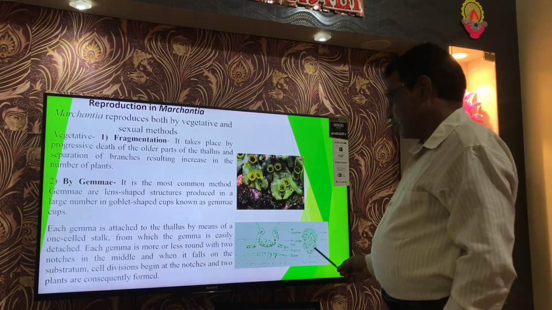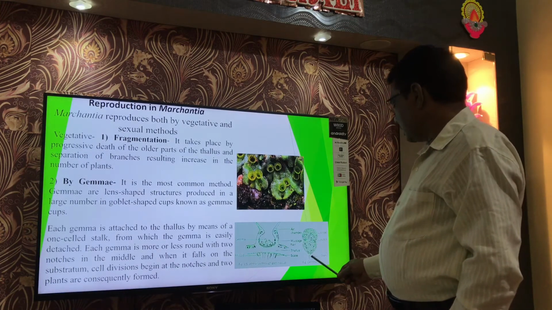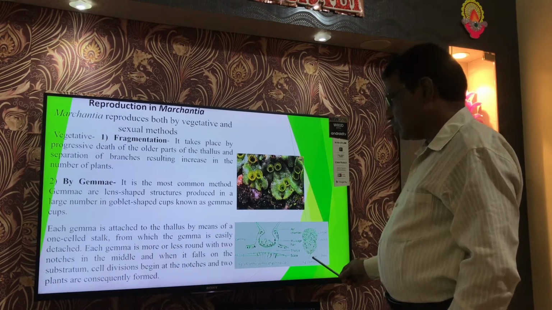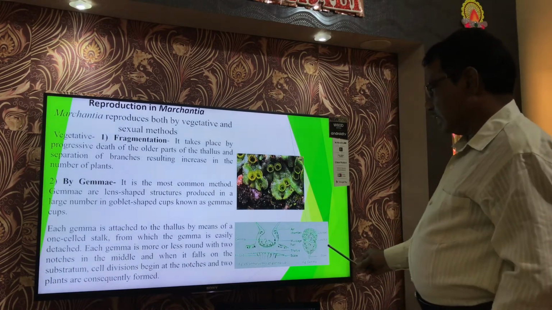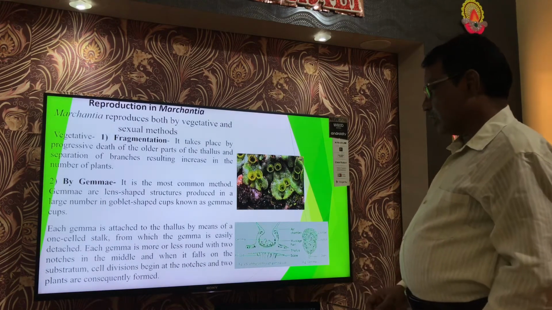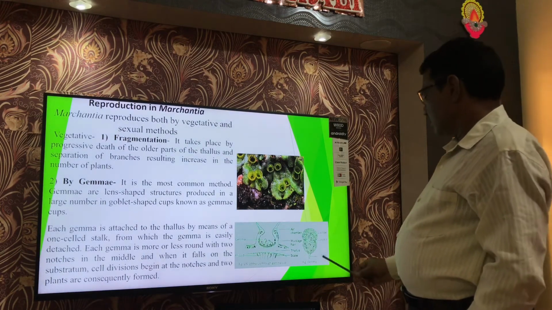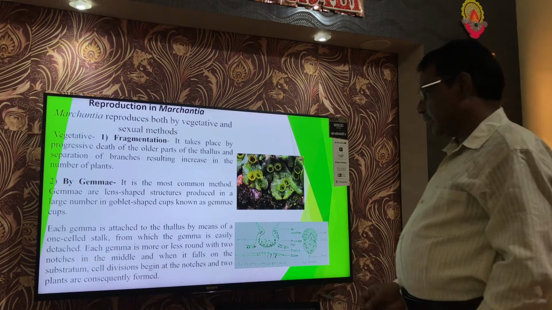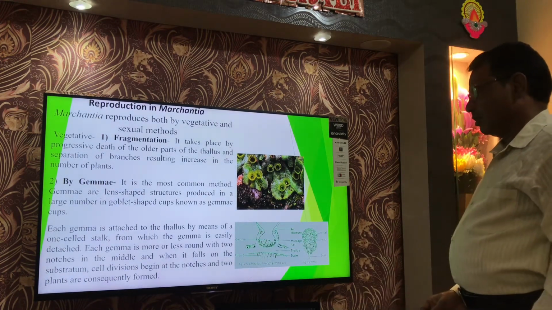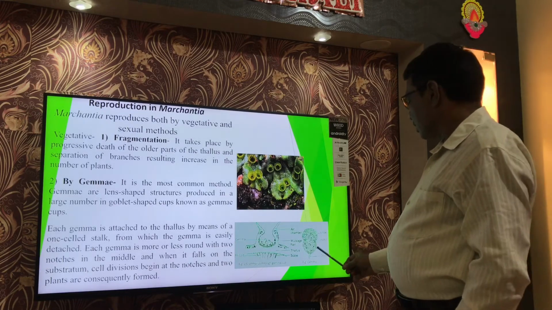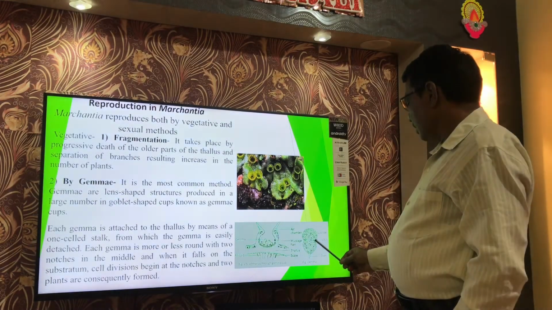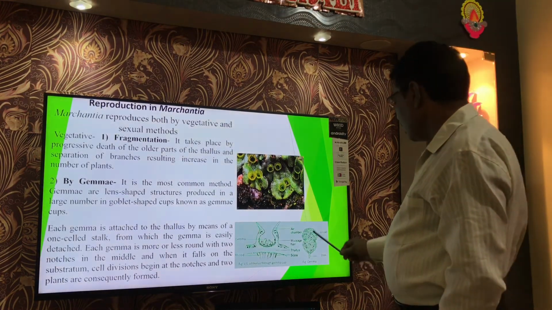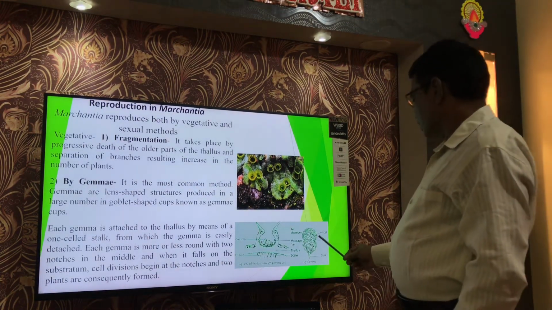Here, this gemma remains attached to the cavity of the cup by means of a single cell called the stalk cell, and from this stalk, this entire structure can get easily detached. If you observe the structure of the gemma, it has two round structures.